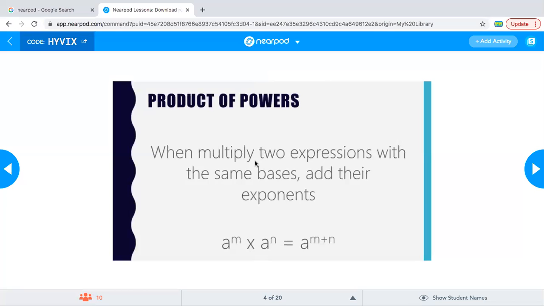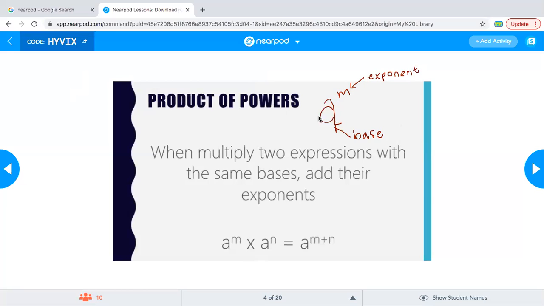So let's say I'm going to use these for an example: A to the power of m. This A is called a base. The m represents the exponent.